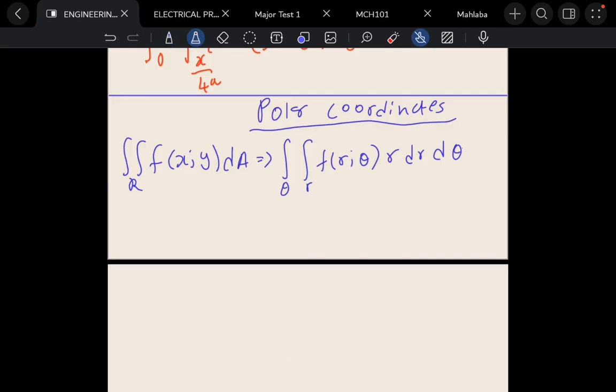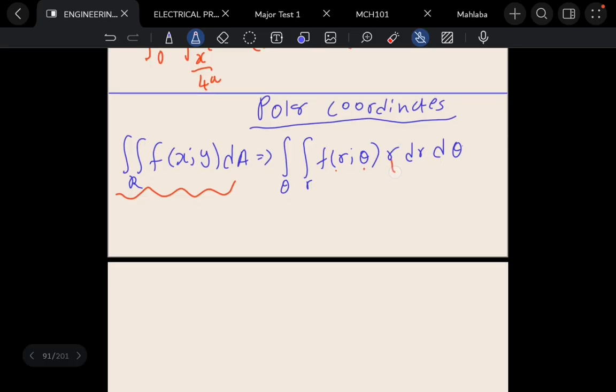We are changing an integral from f of x, y to r and theta. Now, this r here is called the Jacobian.